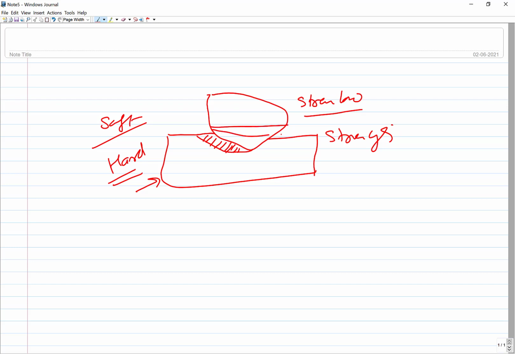So very frequent fracture of the abrasives will be taking place. If you use large size abrasives with the hard materials, they will break very frequently. But with the fine size abrasives, even when working with the hard material, it will not break so easily.